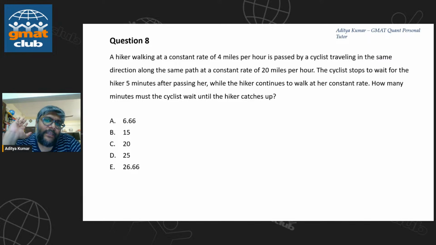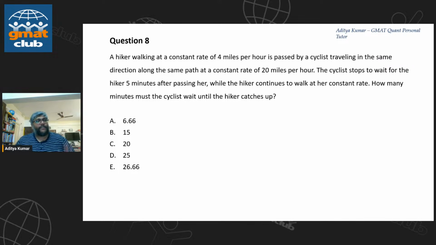After the cyclist passes me, the cyclist continues moving for the next 5 minutes. In that next 5 minutes, even the hiker is moving for 5 minutes. And then what happens after that? The cyclist stops to wait for the hiker, while the hiker continues to walk at her constant rate. So I continue to walk at my constant rate.